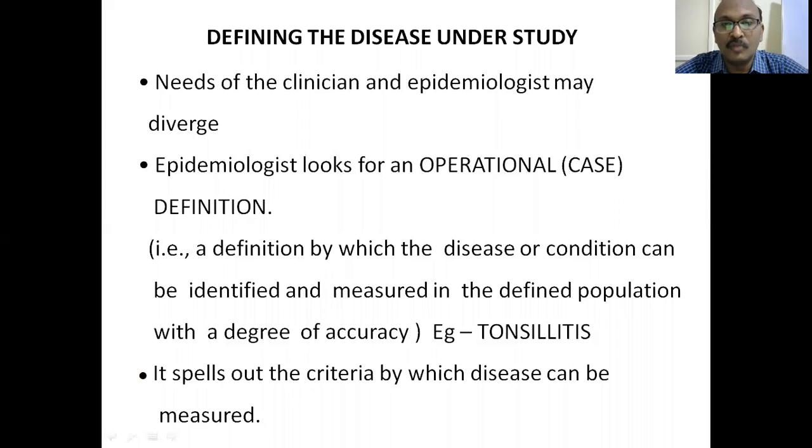Whereas an epidemiologist has to look for enlarged red tonsils covered by a white exudate, which, identified by a throat swab, will yield predominantly Streptococcus pyogenes. It means he needs to look into the different criteria of enlarged tonsils, red in color, and on isolation by the throat swab culture, it has to predominantly yield Streptococcus pyogenes. So these are the various criteria for an operational definition.